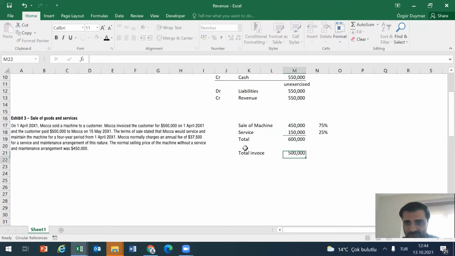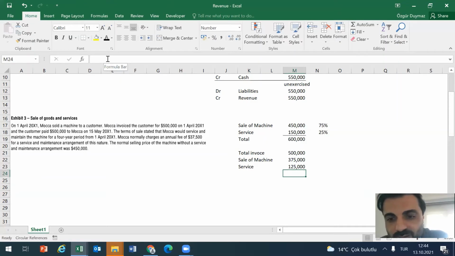And let's calculate the service and sale of machinery with the portion already calculated above. We get $375,000 for the machine and $125,000 for service.